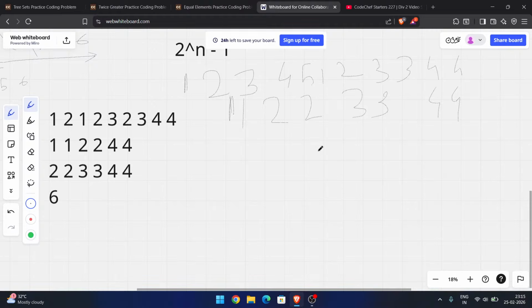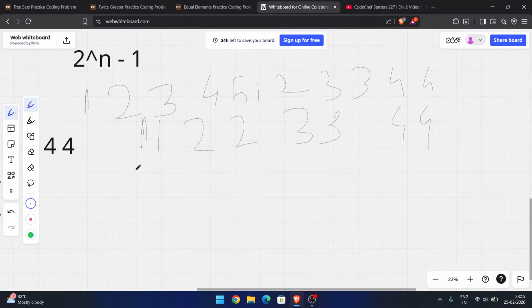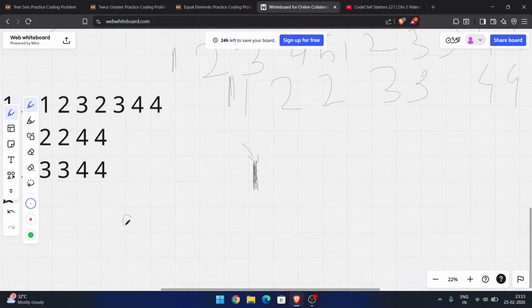Something like this. So if I take this one, then what are the possibilities? One possibility is that, if I have already chosen one earlier, so let's consider.